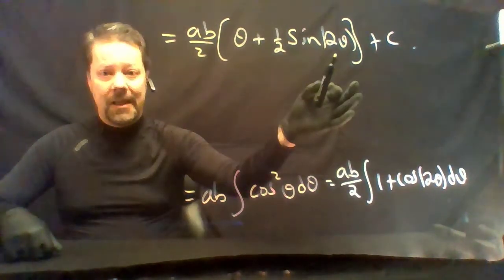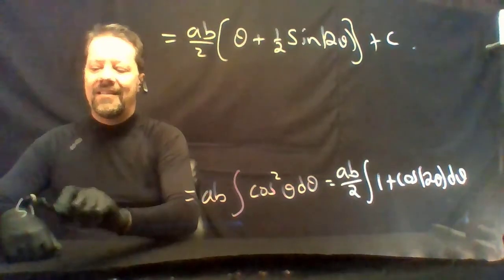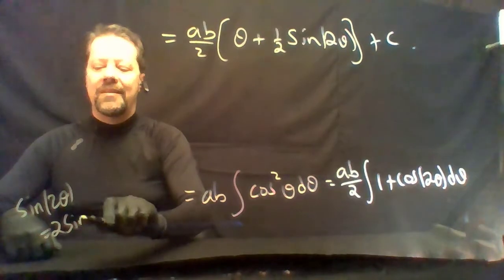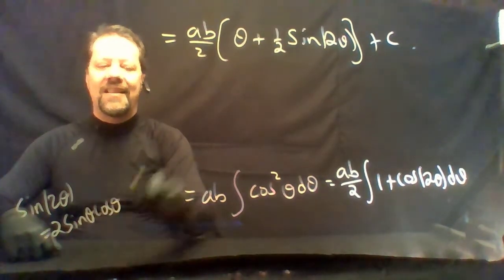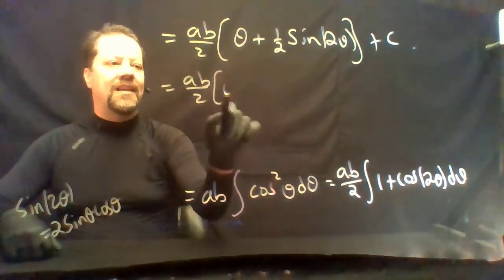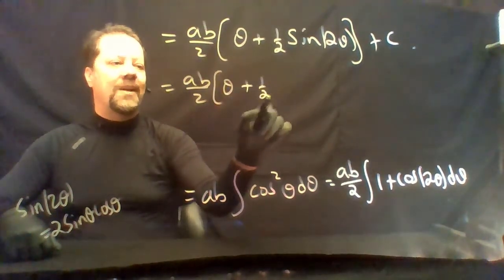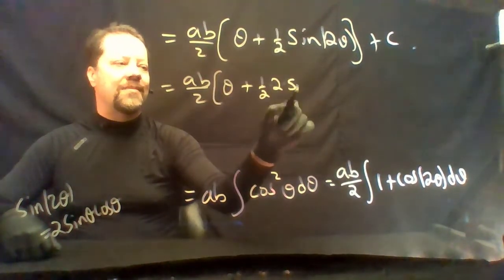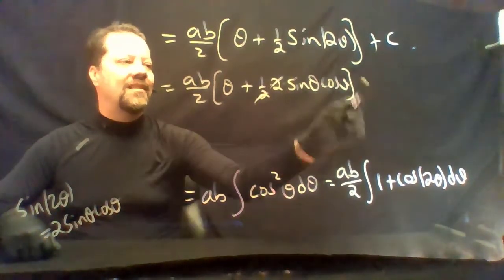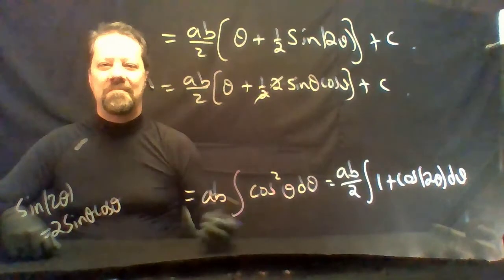Now we use the double angle identity for sine. You'll recall that the sine of 2 theta is 2 sine theta cosine theta. So we'll have ab over 2 times theta plus 1/2 times 2 times sine theta cosine theta plus c.